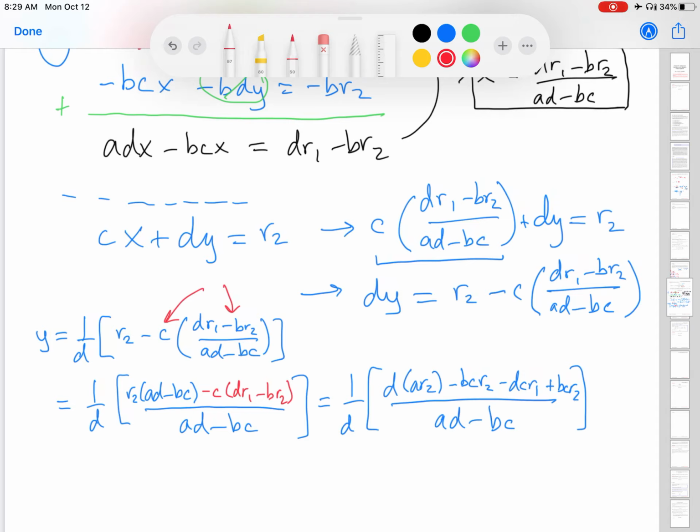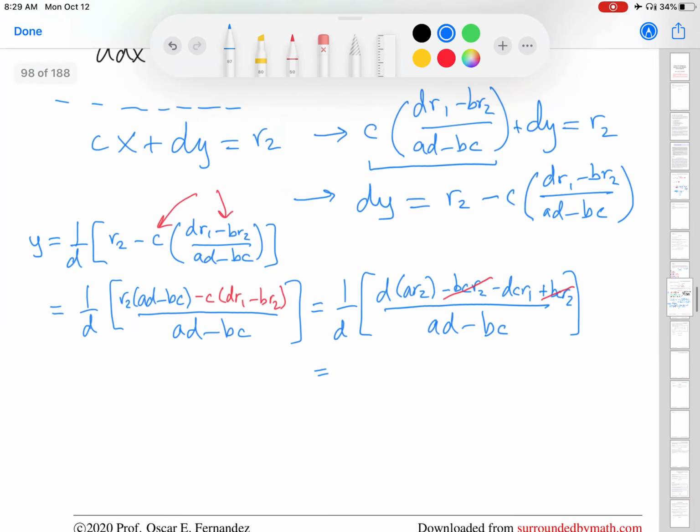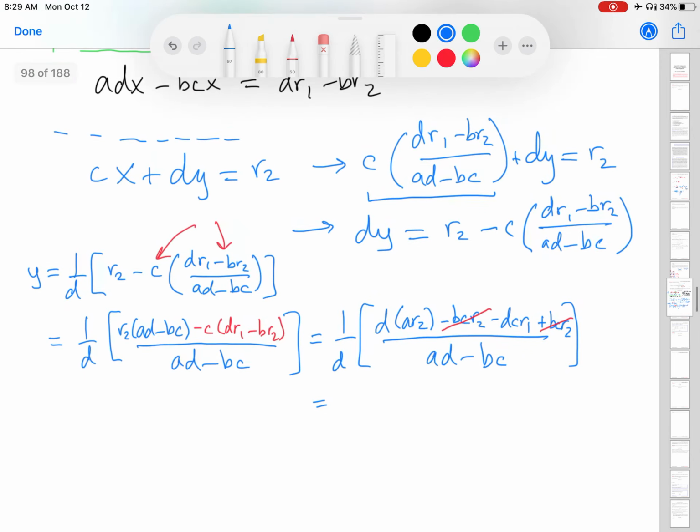And you'll notice that this term BCR2 cancels out. Great, so what am I left with? I am left with 1 over D times D AR2 minus D CR1 all over AD minus BC.